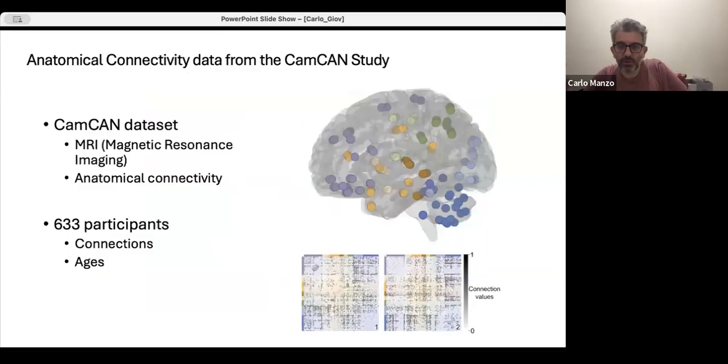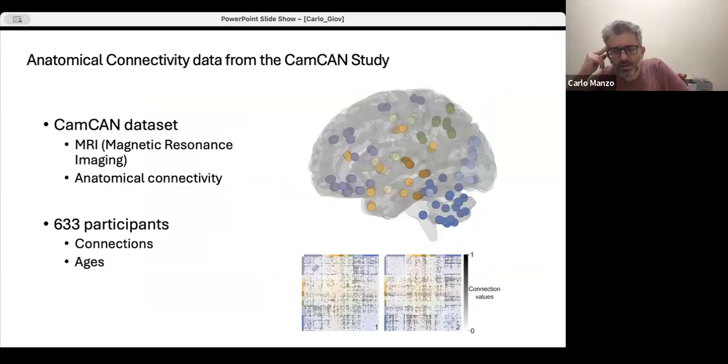Just to give another example, those are data from the CAN dataset. Those are magnetic resonance imaging data from human patients that tell about the brain connections of these patients. We also process them using this architecture.